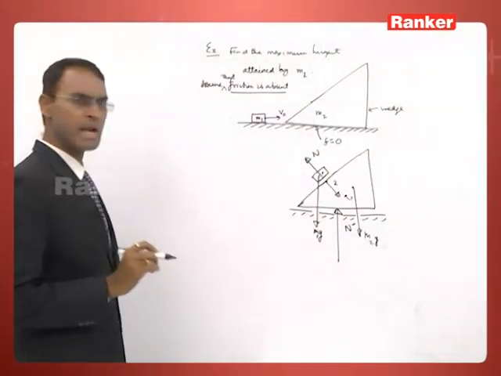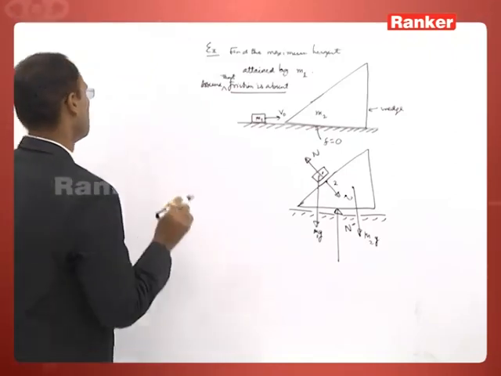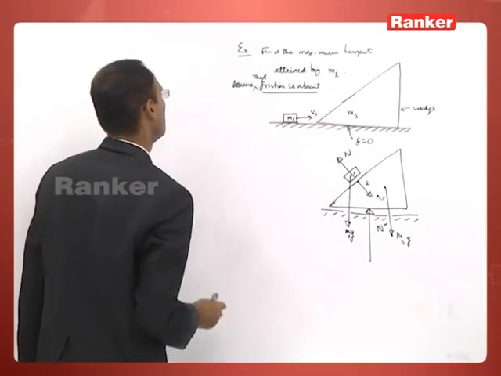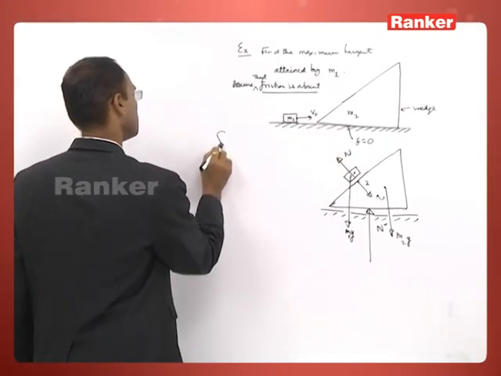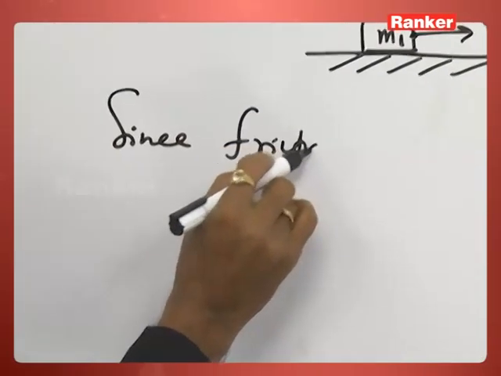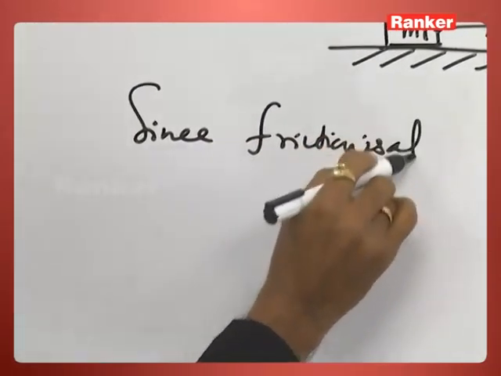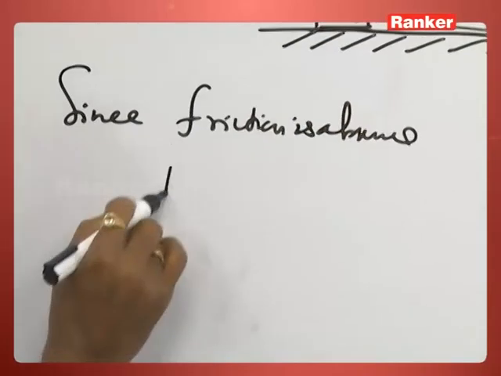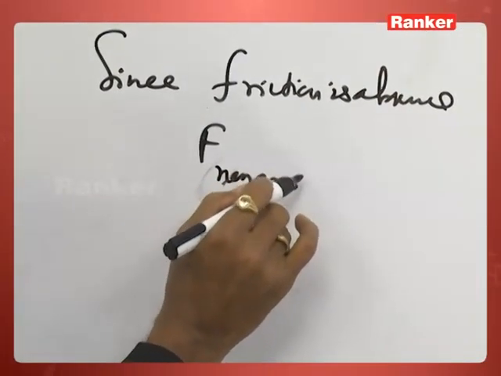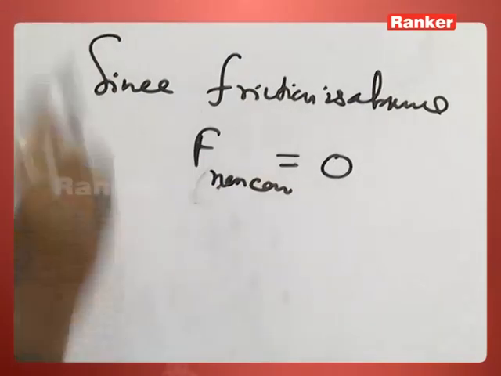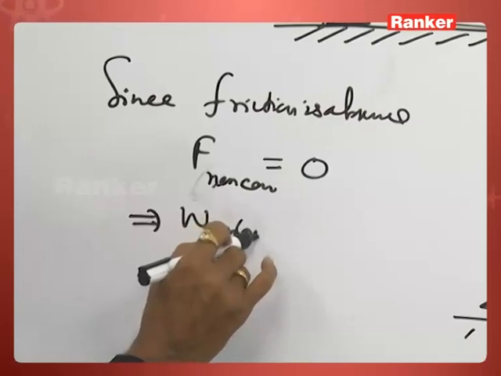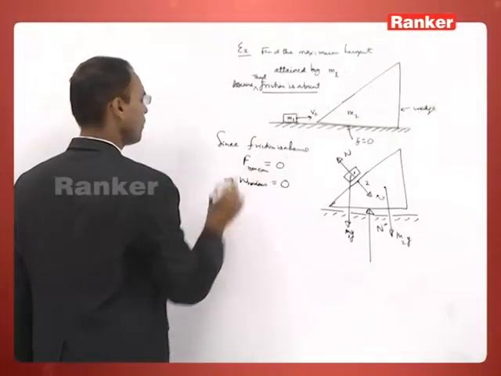Since the frictional forces are absent, there is a possibility of conservation of mechanical energy. Since friction is absent, non-conservative force is equal to 0. Therefore, work done by the non-conservative force is equal to 0.